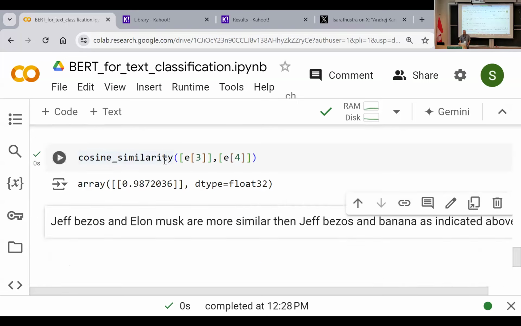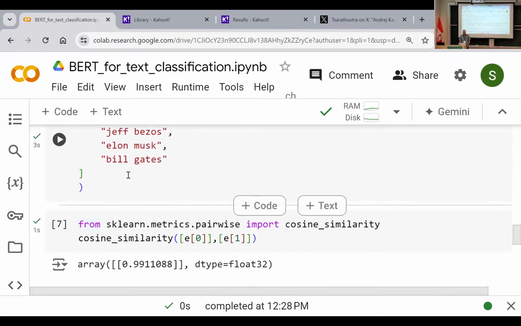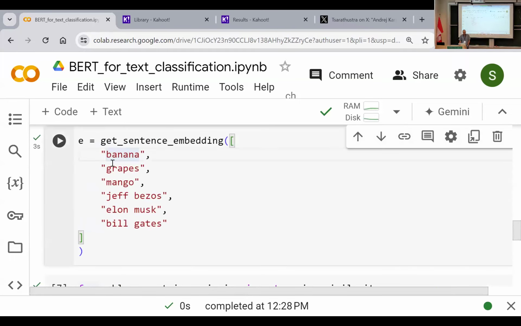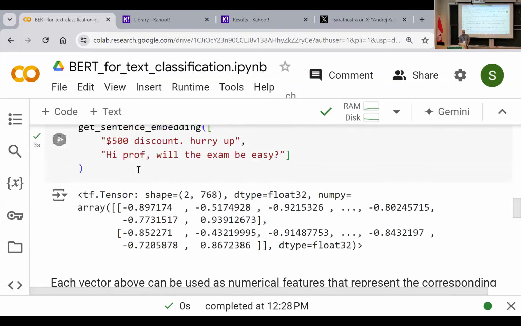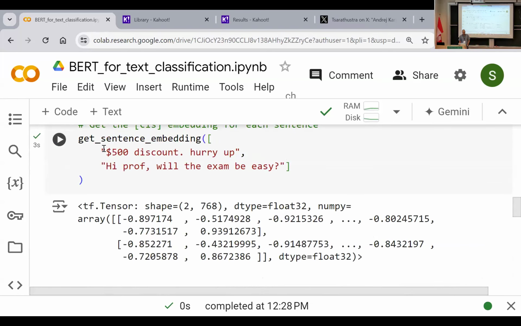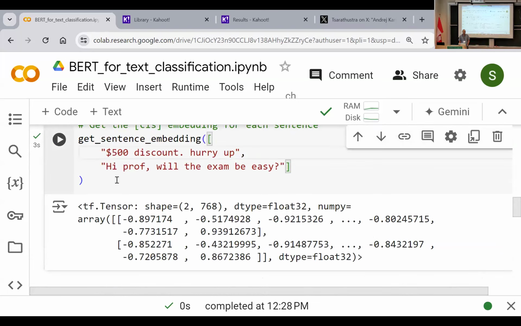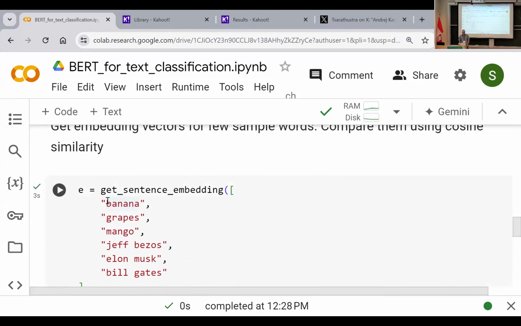So that's it. Now, instead of these, of course, we can have sentences, right? Just like these, and look at the similarity between them. For that, you just need to replace anything you want, you can put in the code and see how it works.